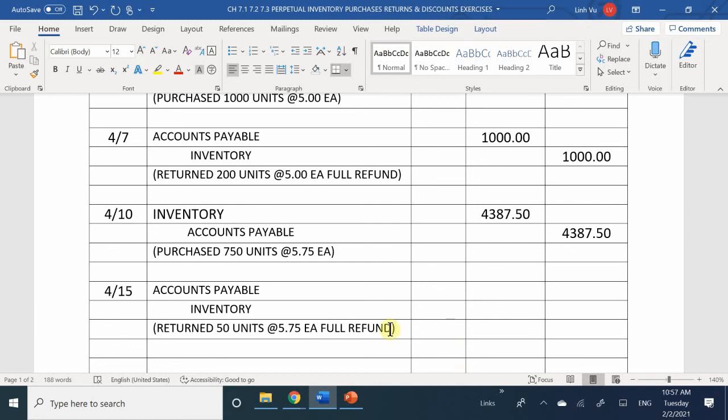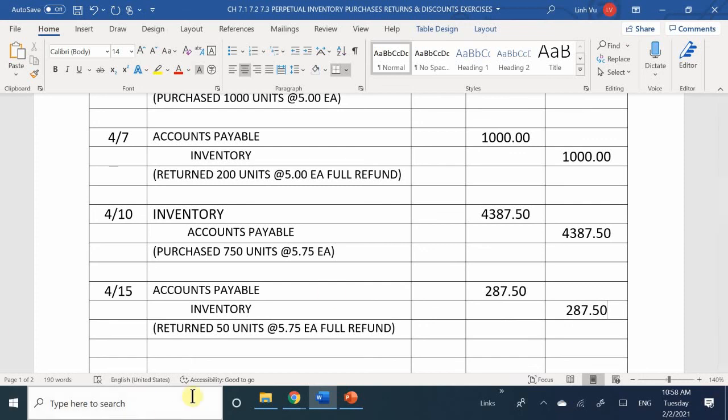Okay, so how much am I going to be getting back, or reducing the amount I owe, and how much is my inventory? 287.50.